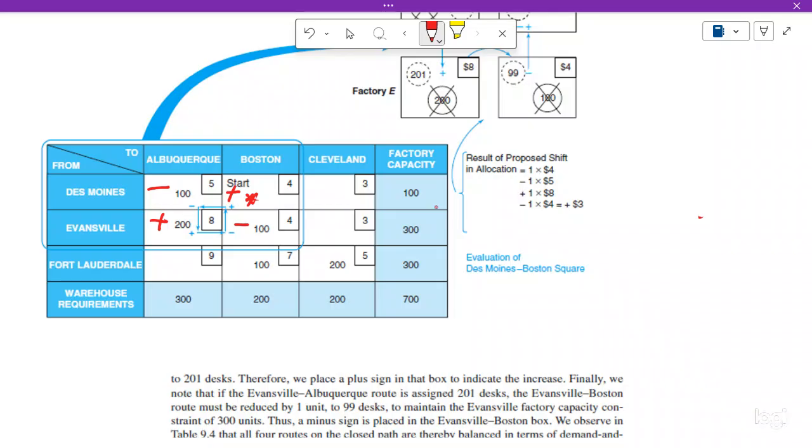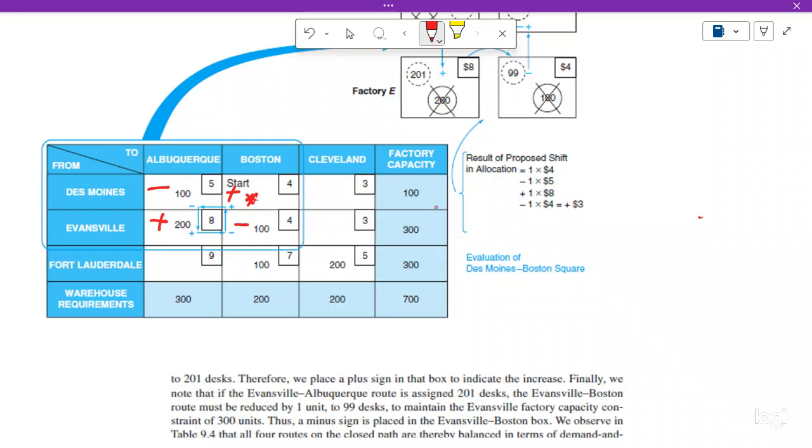We say negative. Wherever you start, that's your plus. We are adding only costs.